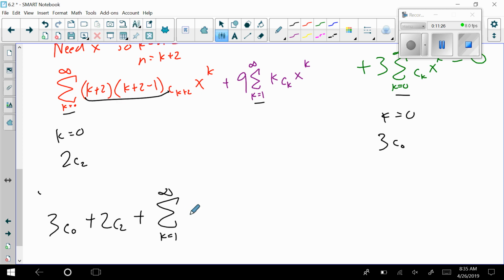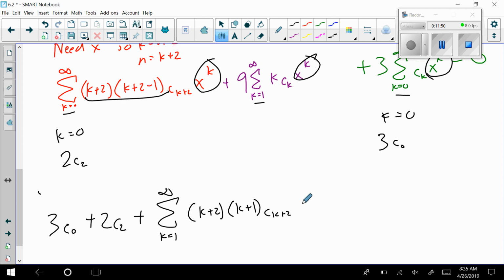This one here, I'll do a little bit of simplifying. That's k plus 2, k plus 1, c sub k plus 2. Then I have plus, remember that these all have these x to the k's, so we're going to factor that out. They also have these next two are going to have a c sub k.